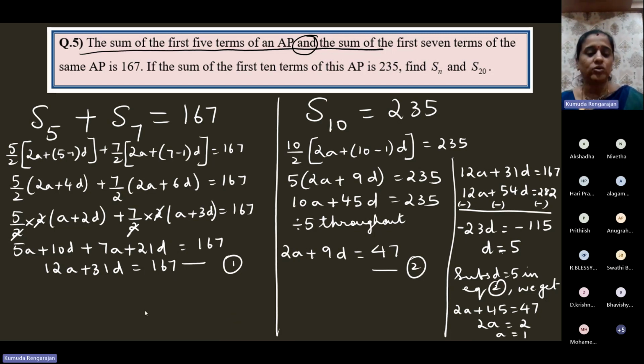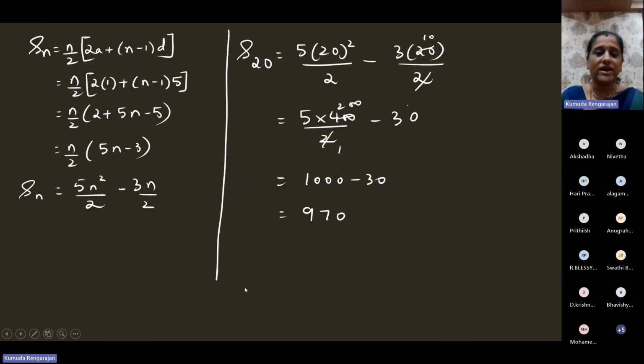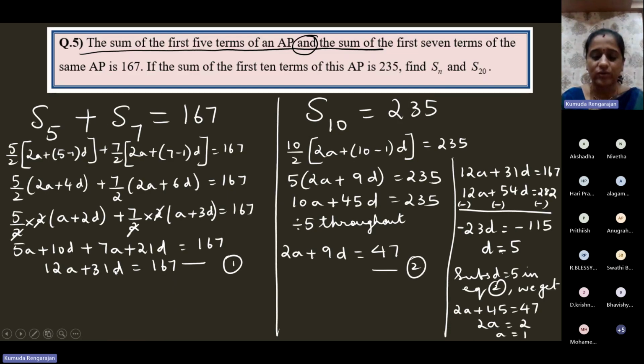So you'll get 2 equations. Solve the 2 equations. Find the values of A and D. After getting the values of A and D, you can find Sn. Okay, so you can find Sn like this, and then S20 using Sn. Once you find Sn, you can use Sn to find S20.